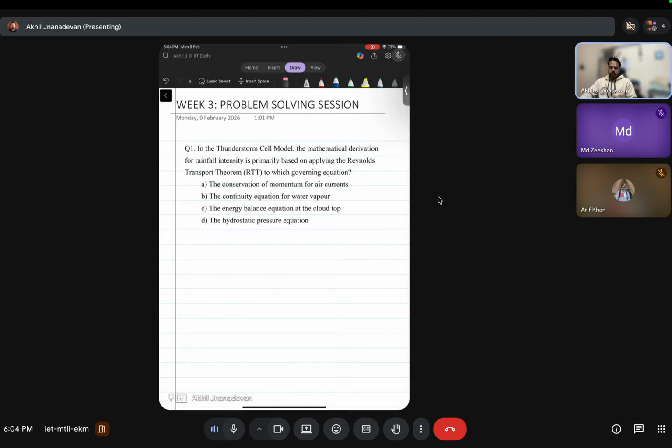We got familiarized with the different terminologies and parameters that define the atmospheric conditions. If we can calculate those values, then we can find the intensity of the rainfall that falls to the Earth's surface using this thunderstorm cell model.